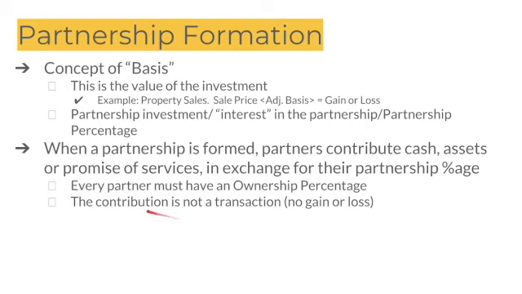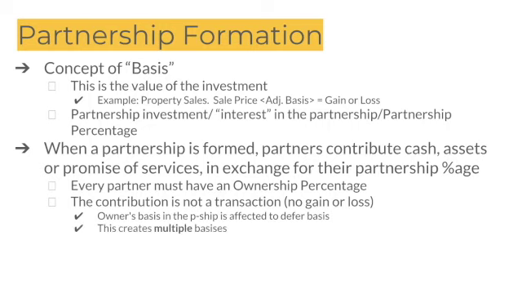An initial contribution, when the business is formed, typically has no gain or loss, and instead any gain or loss is deferred in that partner's basis. This concept goes along with the property transactions we learned about.